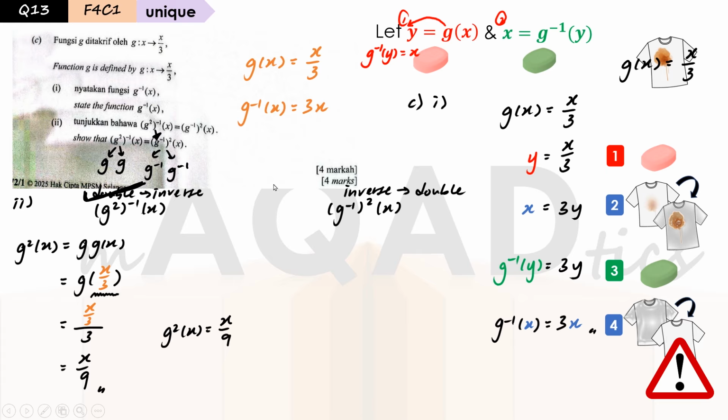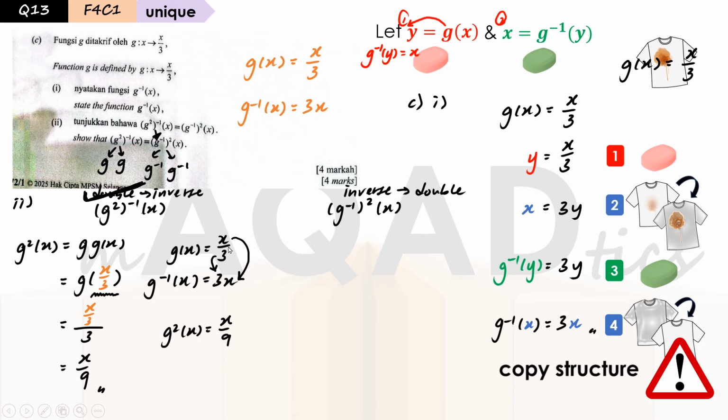x over 3 is actually quite similar to our double g here. Both of them are fractions, both have x on top, it's just that the value at the bottom is different. So we can copy the result once we inverse the g, which we already found in part 1, which is 3x. The x I'm going to put here, and the 3 I'm going to put here.